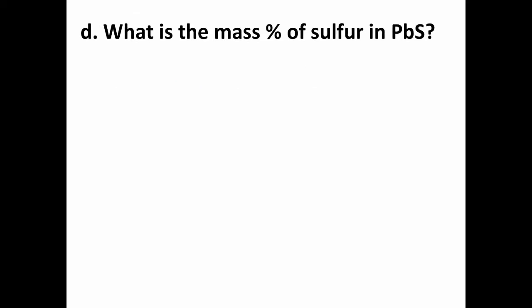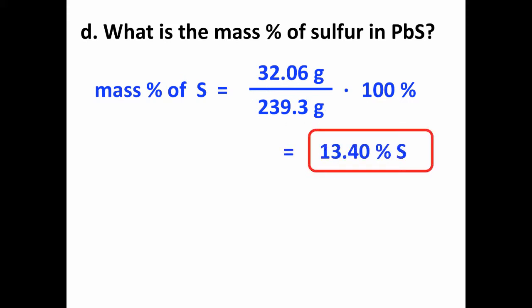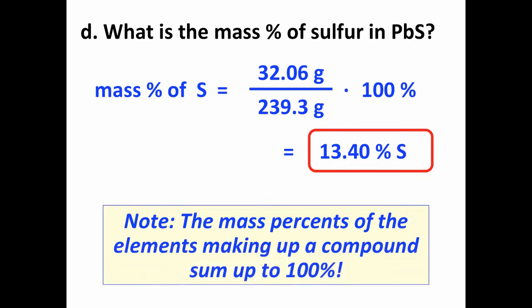Very similarly, the mass percent of sulfur is going to be the mass of sulfur compared to the mass of total compound, multiplied by 100 gives you percent, 13.40%. And since this compound is made up of 2 elements only, then the mass percent of sulfur and the mass percent of lead is going to add up to 100%.